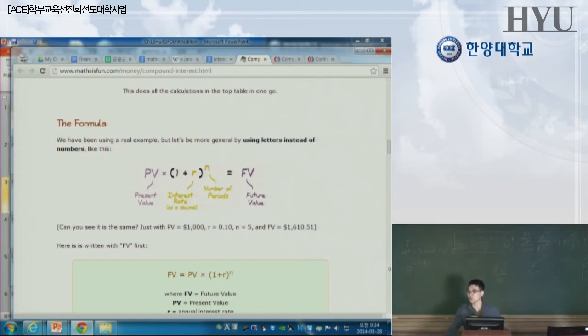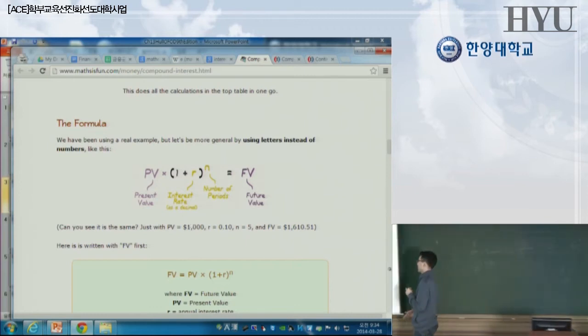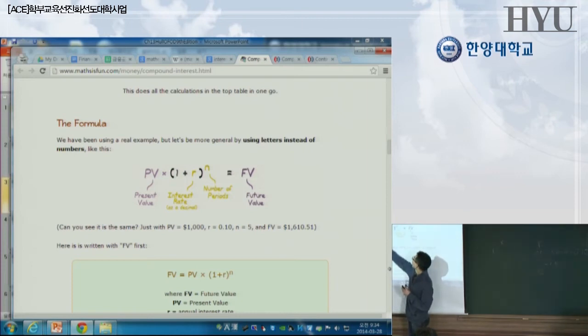Okay, this is compounding interest, right? This is present dollar, okay? Present value of money. If R is the interest rate, and N is the number of periods, then future value is simply this one, right? This is called compounding interest.